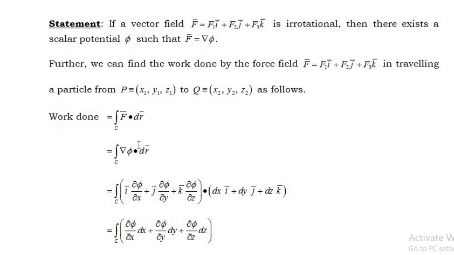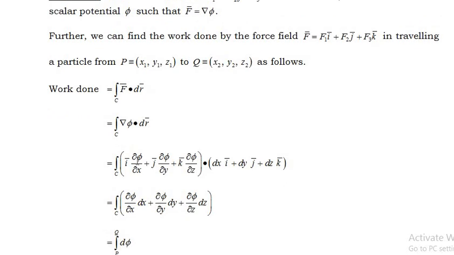Work done will be integration over arc F bar dot dr bar. F bar being irrotational, F bar equal to grad phi. So integration over C grad phi dot dr bar.